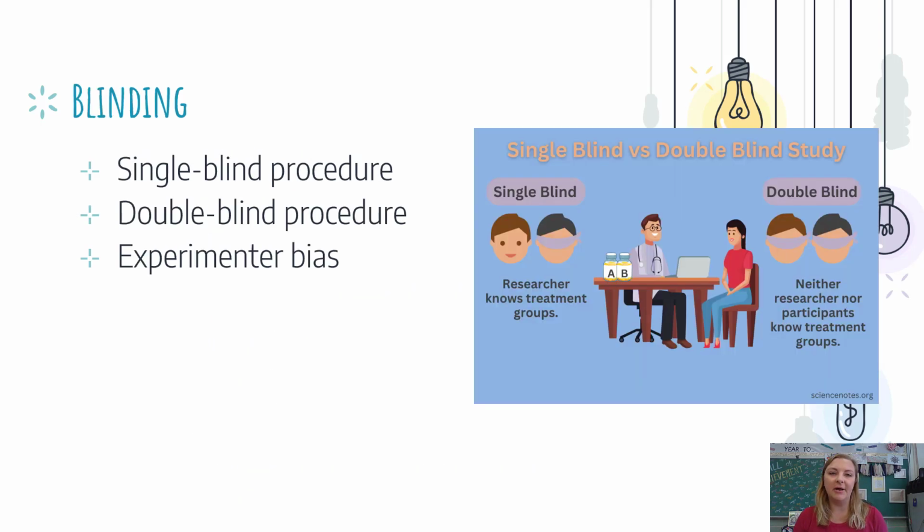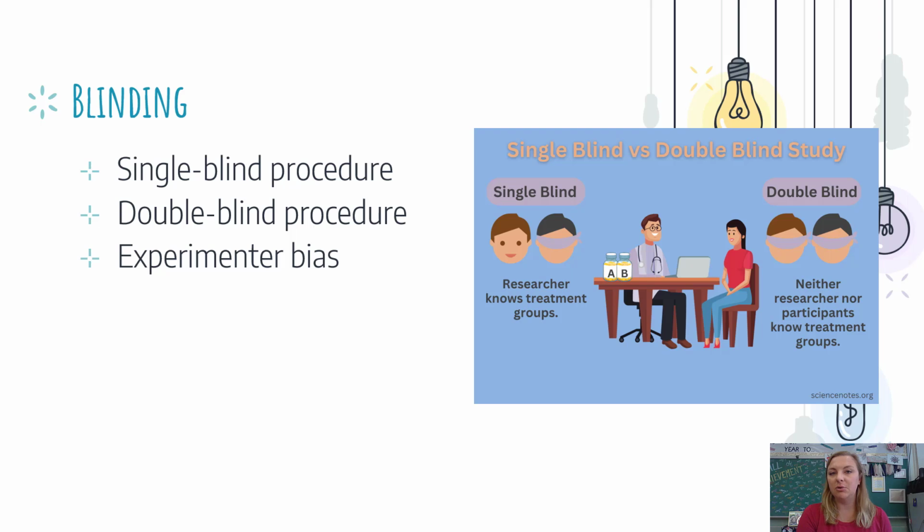The next thing I want to talk about is the idea of blinding our study. Other variables may impact our experiment. And so one of the things that we do is we use either the single blind or double blind procedure to avoid experimenter bias. So a single blind procedure is when the researcher knows who is in each treatment group.